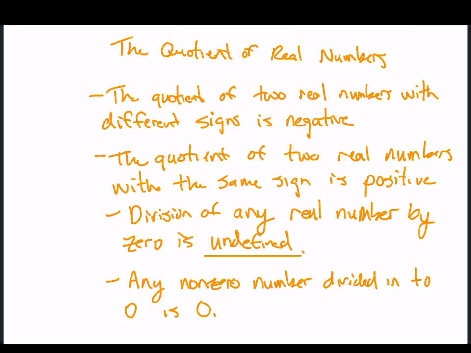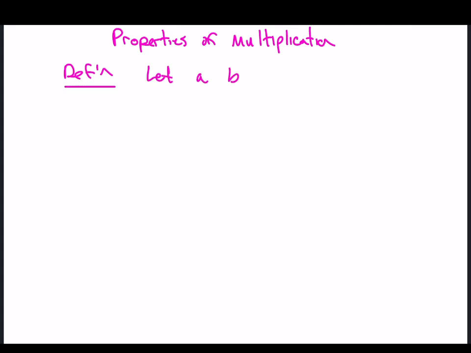Okay, now that we've talked about properties of division, let's now talk about some additional properties of multiplication. Properties of multiplication. So this is a definition. Let a be a real number, variable, or algebraic expression.